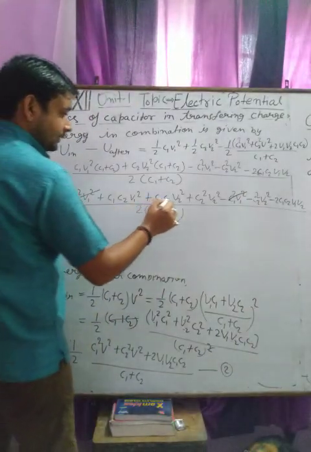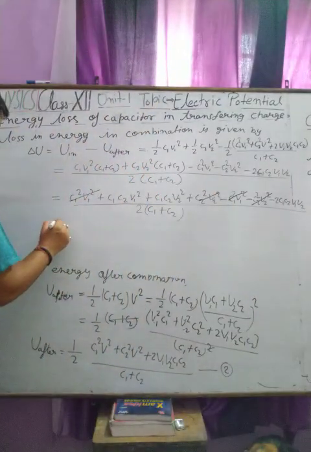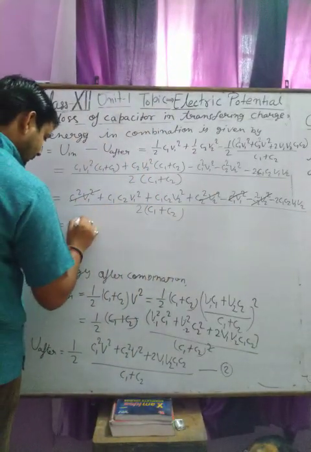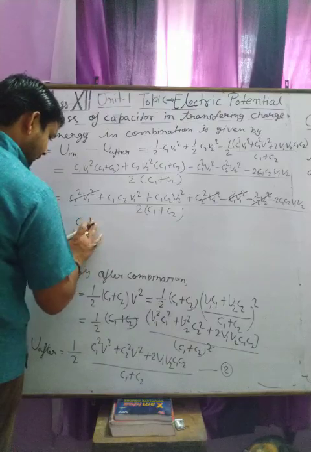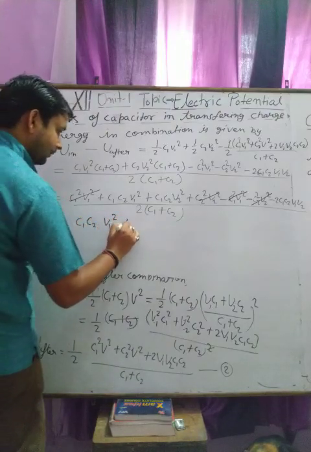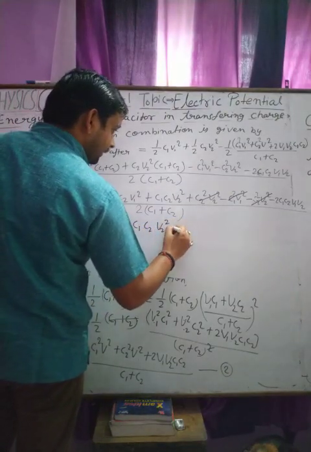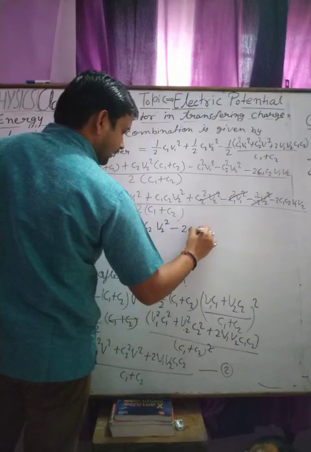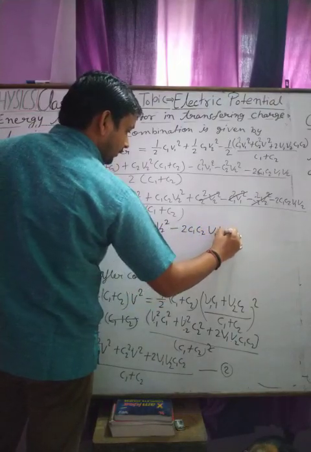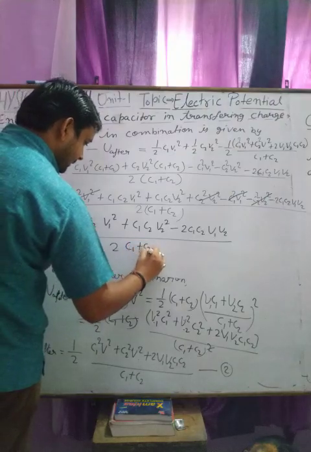So this value is also cancelled. Then we get C1 C2 V1 square plus C1 C2 V2 square minus 2 C1 C2 V1 V2 upon 2 C1 plus C2.